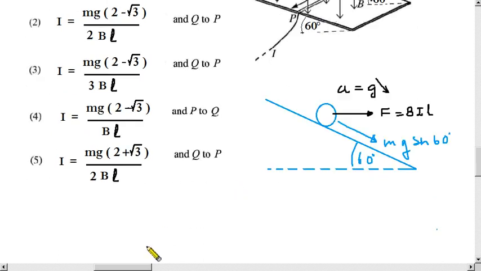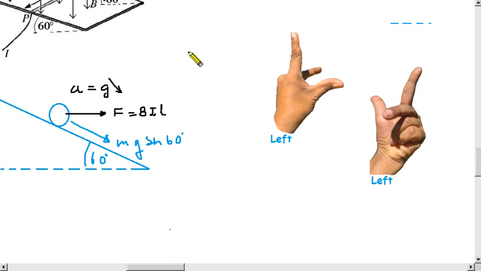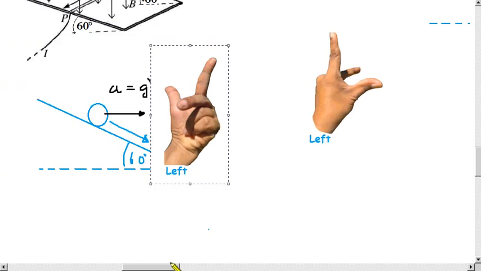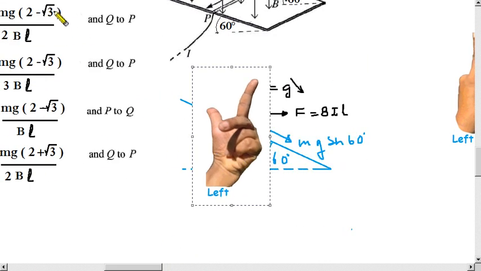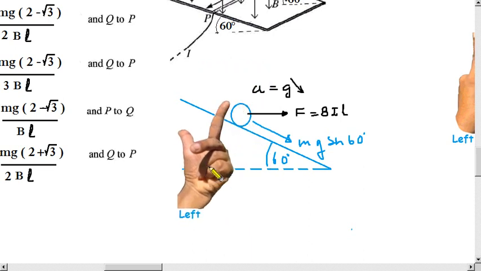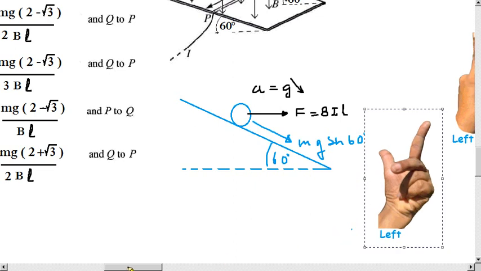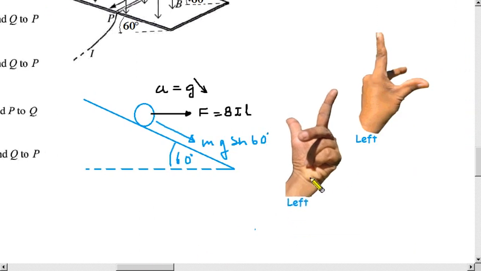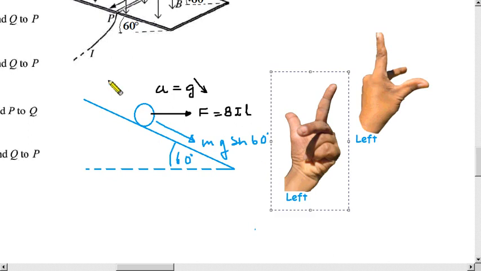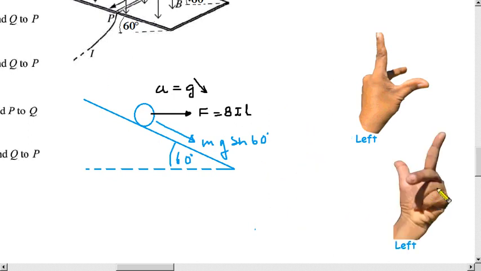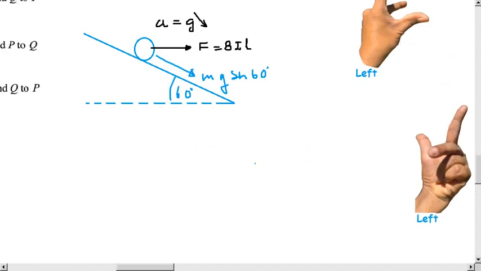Now let us use our left hand to find the direction of the current. So let us first place the left hand turned like this. B is here downwards. So we have to turn our hand. Here B is downwards, like this.